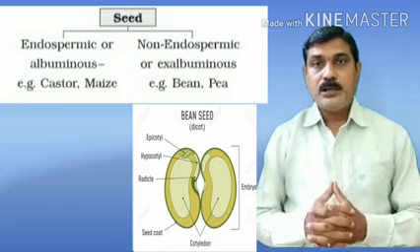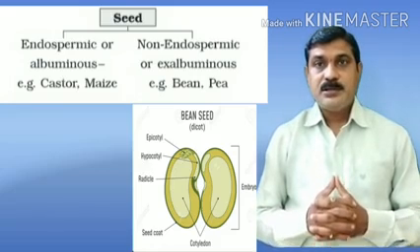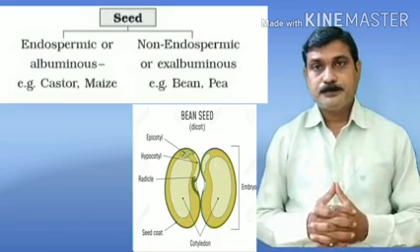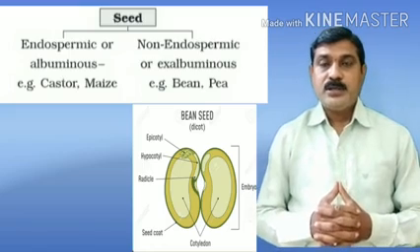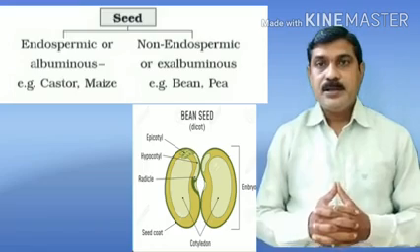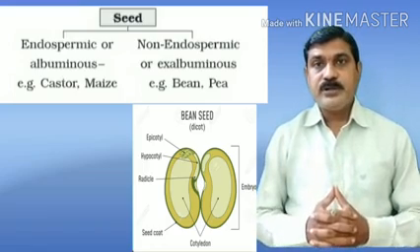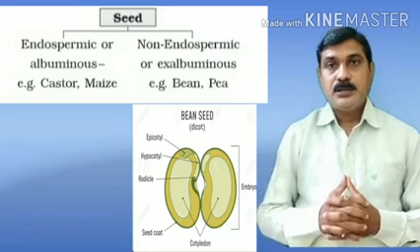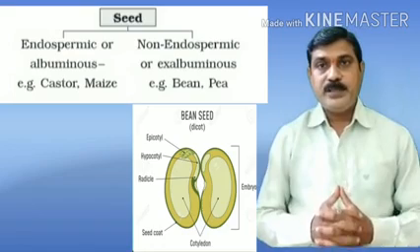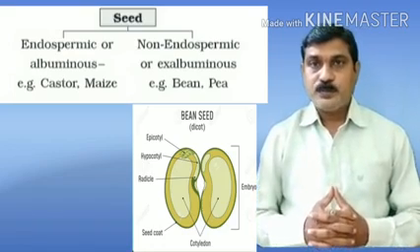After fertilization, it is present as a pore. This pore is responsible for entry of water and oxygen during soaking. Examples of non-endospermic seed are pea and bean.